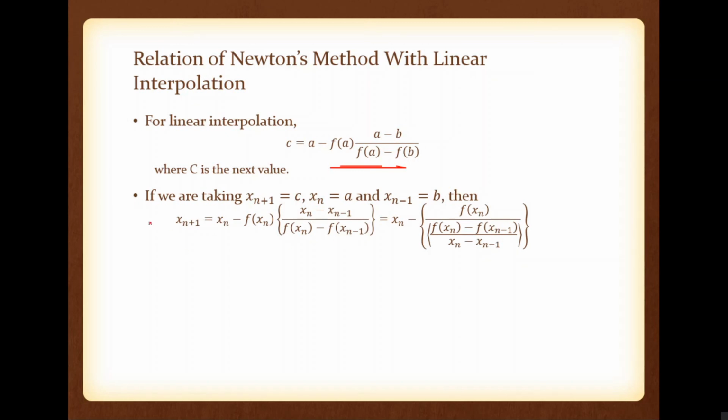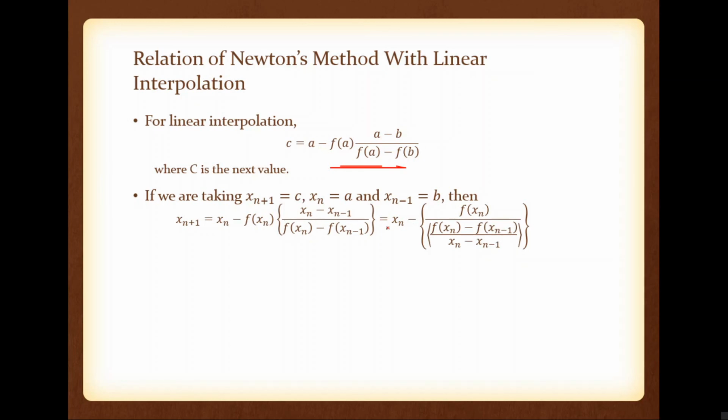Am I correct? xn plus 1 is equal to xn minus f of xn into xn minus xn minus 1 divided by f of xn minus f of xn minus 1. I can rearrange this equation by taking the reciprocal.